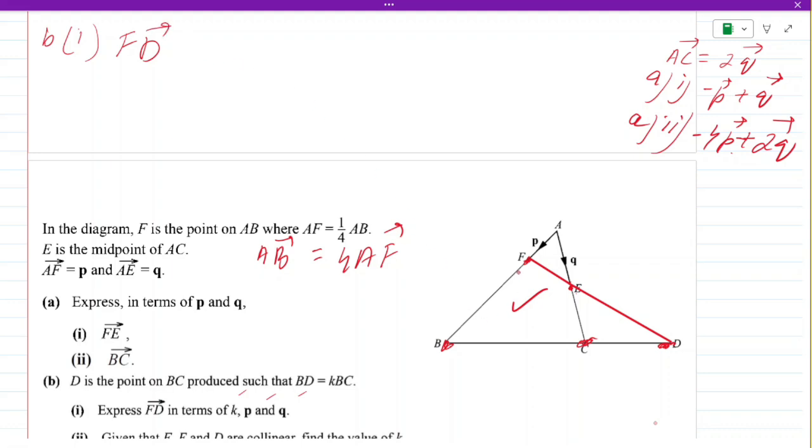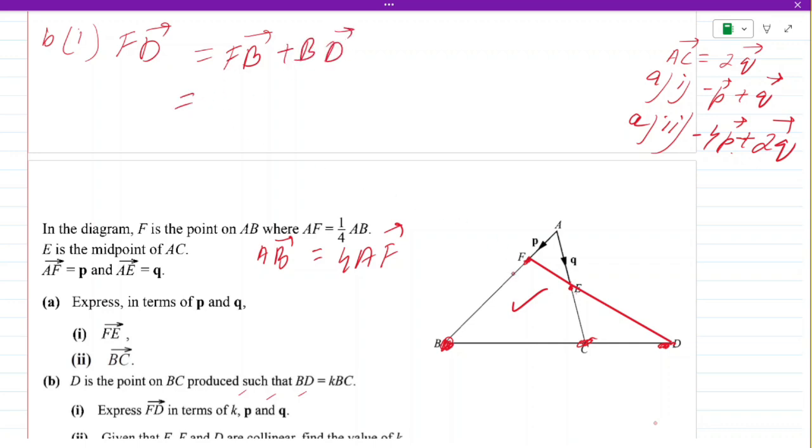So yes, FD. To go from F to D, we use the simple path so that we can solve this question easily. So to go from F to D, we first go from F to B, then B to D.